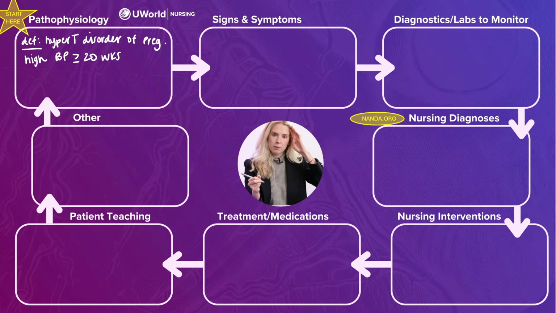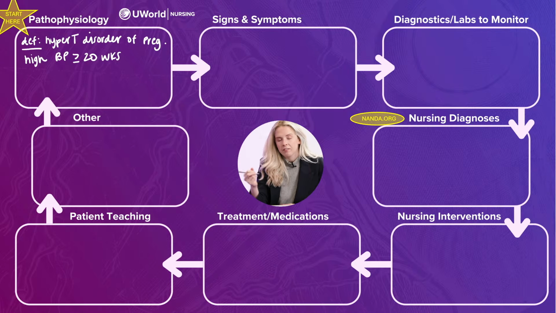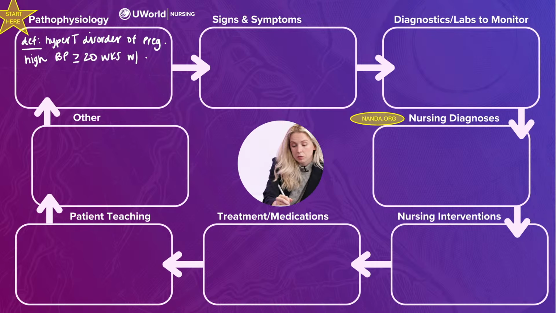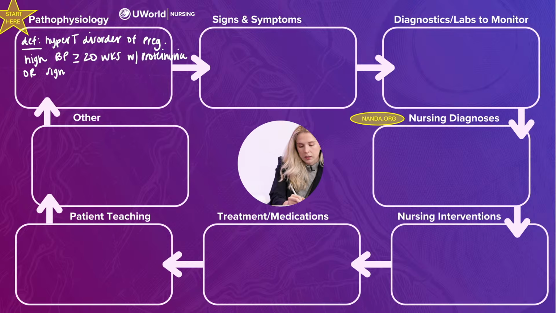So we're having that high blood pressure that happens after or at 20 weeks of gestation, and we're going to see it with either proteinuria, just meaning protein in the urine, or signs of end organ damage. And that's going to manifest through some of our lab values.